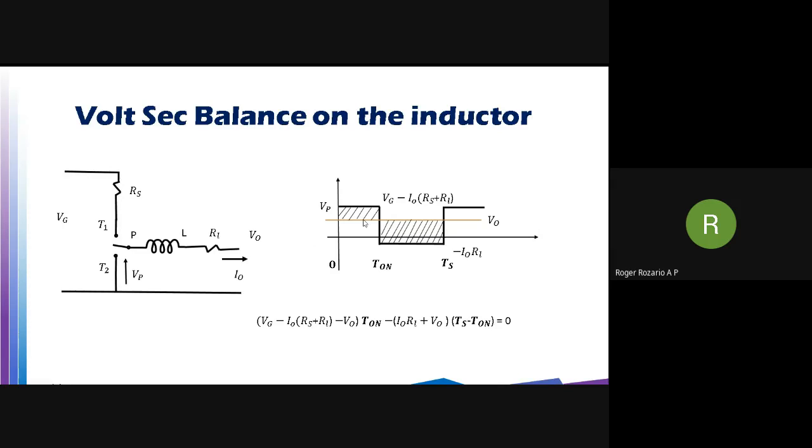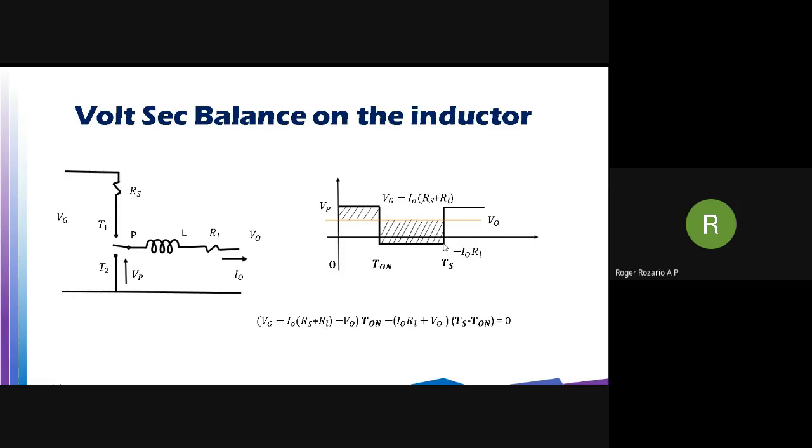So Vg minus I naught into Rs plus RL minus V naught, multiplied by T on, is the area of this region. And what is the area of this region? This voltage is minus V naught, and this point is minus I naught into RL.